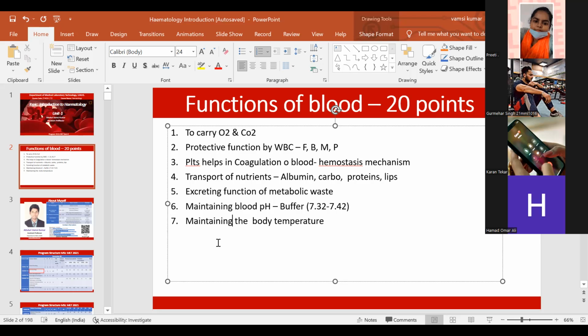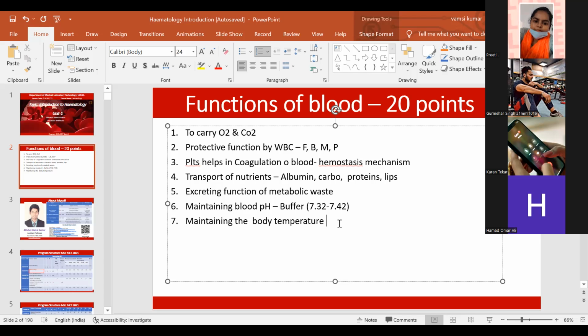Now the heat that is generated by the liver will be distributed throughout the body with the help of blood. Blood acts as a good conductor to distribute heat within the body. That is one important function of the blood. I'm telling again, maintaining even body temperature is achieved with the help of blood.